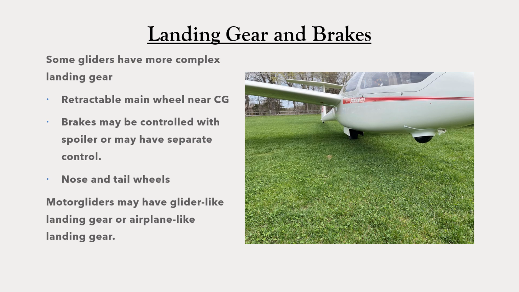In some motor gliders, they'll have a single main wheel, just like a regular glider, but they will have some wheels out on the wings that help keep the wings level without needing a wing runner. Other motor gliders have landing gear that's very similar to airplane landing gear. So when I'm out at the field with my Pipistrel, you'll notice that the landing gear looks a whole lot like the tow planes.